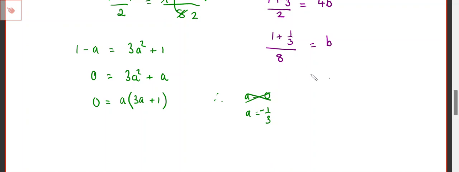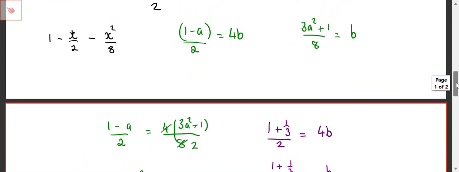So we've got 4/3 over 3... 32 over 3. No, it's not.